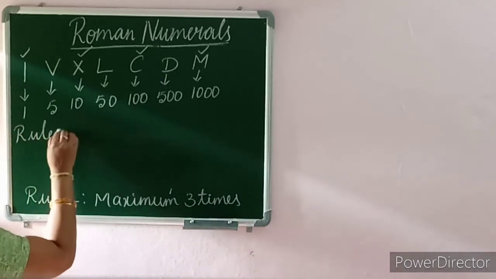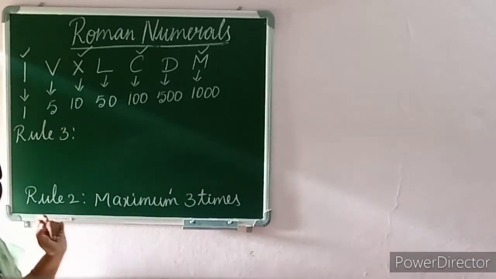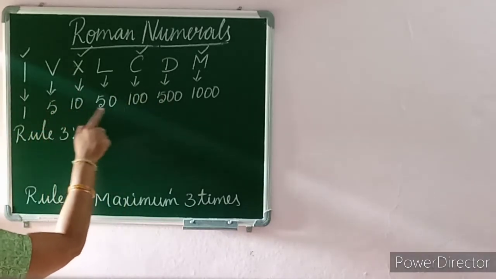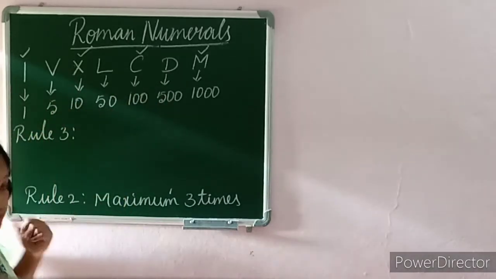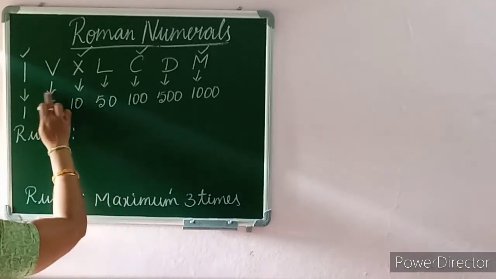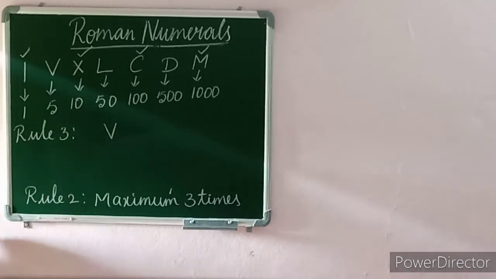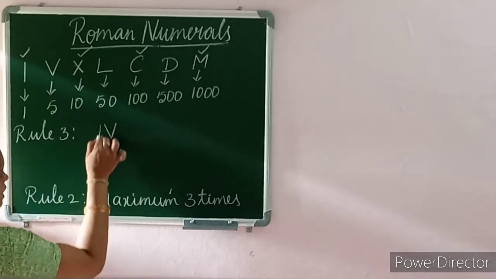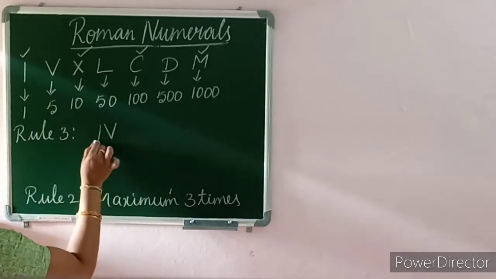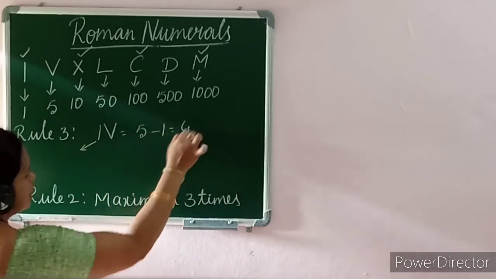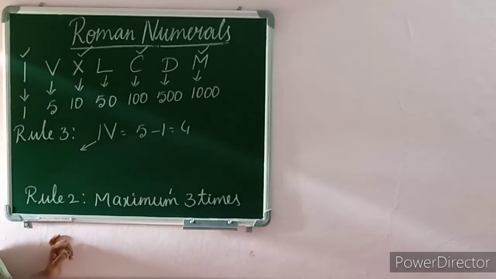In rule number 3, we must remember that among all these symbols, some have big values and some have small values. As you can observe here, V is the greater number and I is the smaller number. If I place I to the left side of the bigger value, you are subtracting: 5 minus 1, and its value is 4.